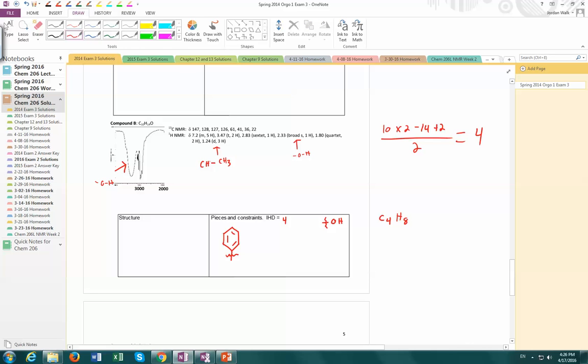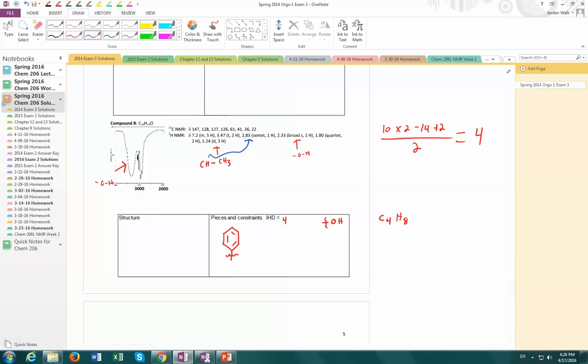And so do we have any other proton peaks that integrate to 1? Yeah, so probably what this is corresponding to is the 2.83. Now that's split into a sextet. So that means it has 5 neighbors, right?